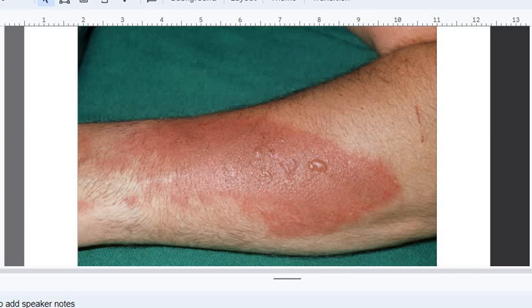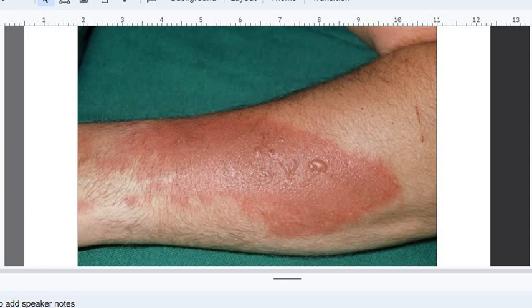In this picture, this is a superficial burn, and in this burn there is damage to the epidermis. Epidermis is made up of epithelial tissue. So basically, in this wound there is damage to the epithelial tissue.